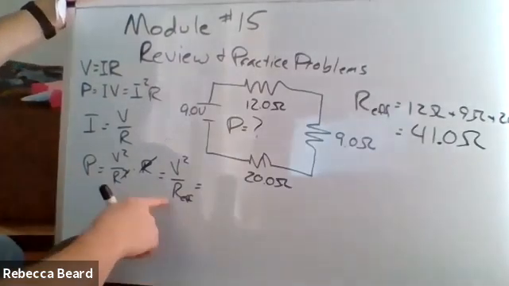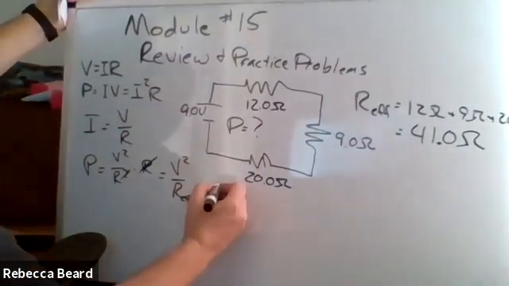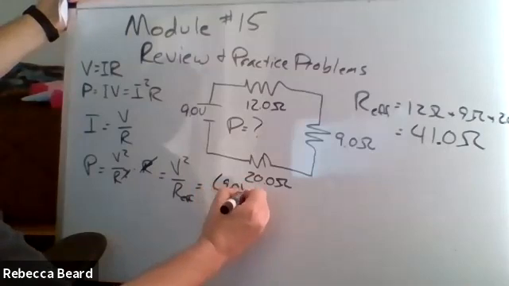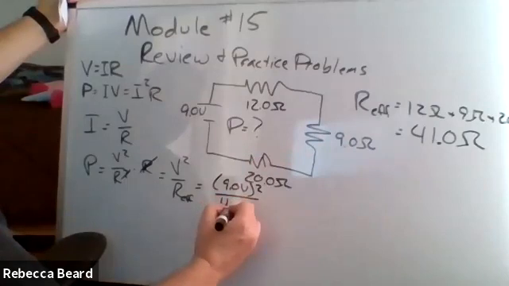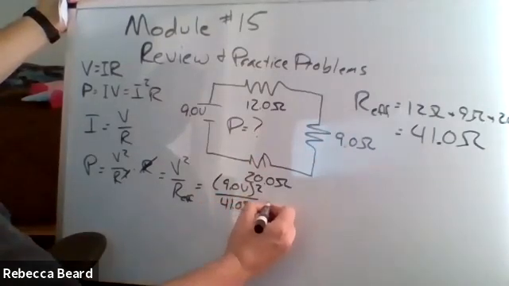Now we've got the voltage, so we're going to go 9.0 volts squared over 41 ohms.